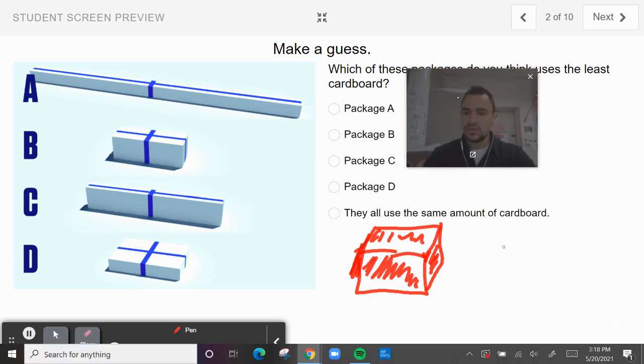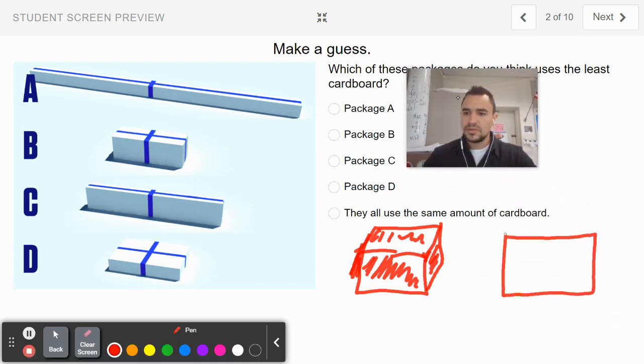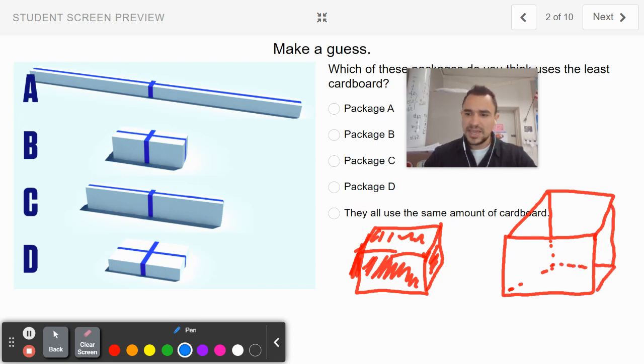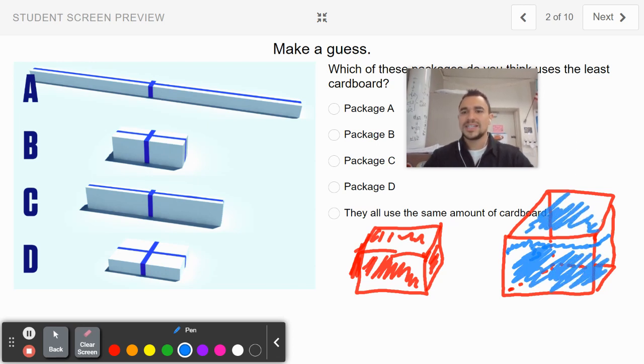However, volume is everything inside. So if I filled this up with water, the whole box is filled up with water, and that means that's the volume inside.